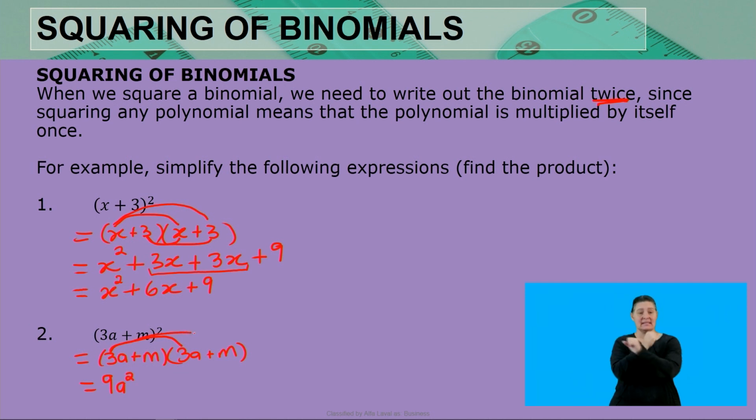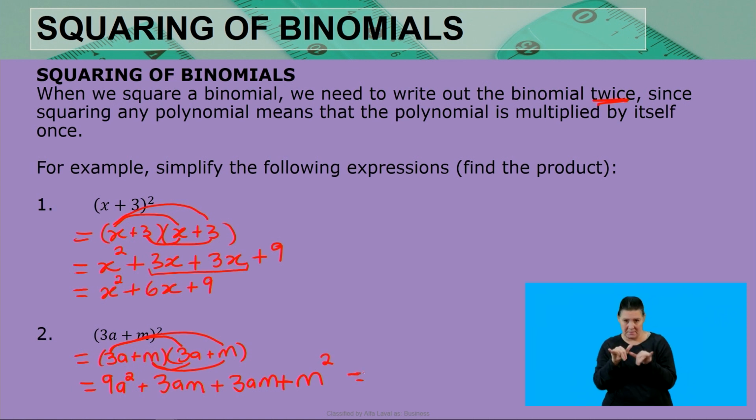Then we have 3a multiplied by m. That is going to be 3am. Then we have m multiplied by 3a. That is also going to be 3am. And then what is m multiplied by m? That is going to be m squared.